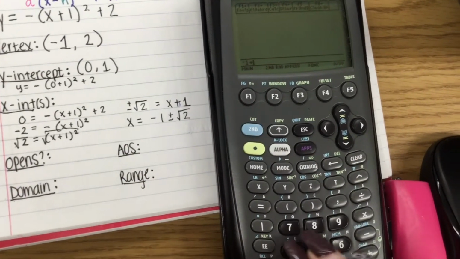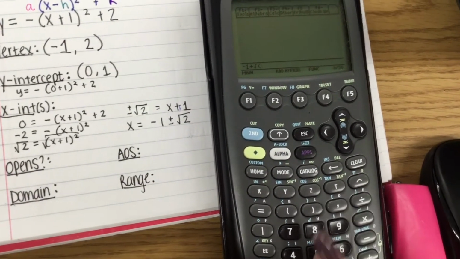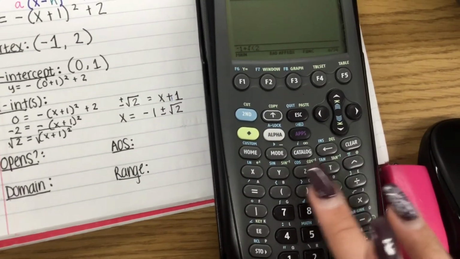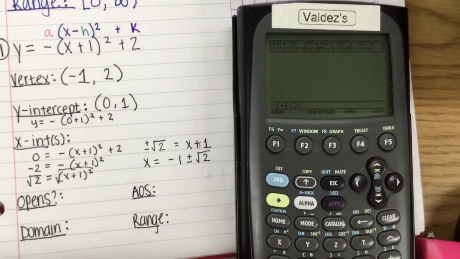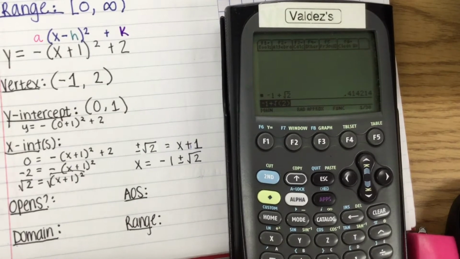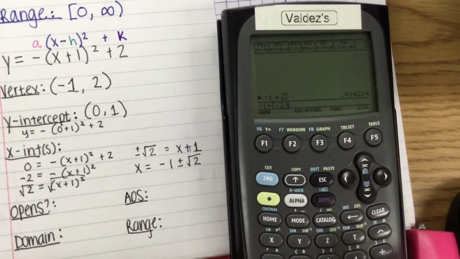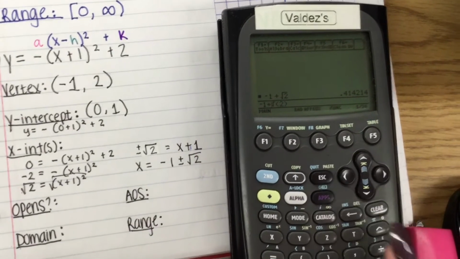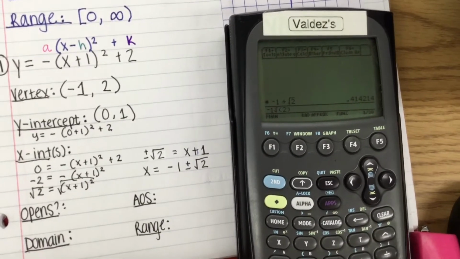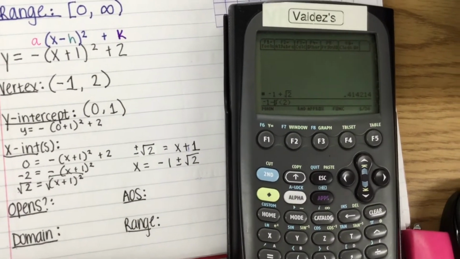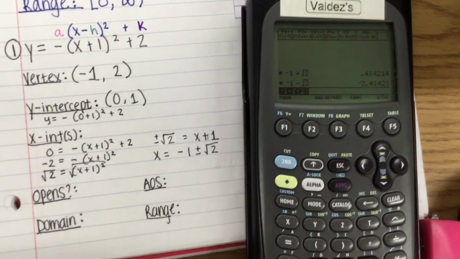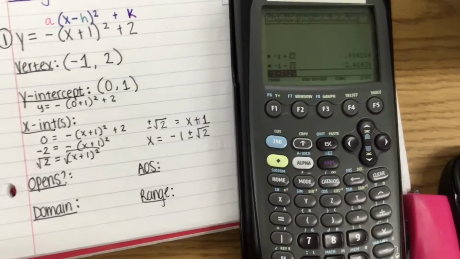So I'm going to type -1 plus the square root of 2 into my calculator. Every calculator is different, so yours might not look like mine. You're going to have to learn your own calculator and see how to type this in. Look it up on Google, YouTube, how to use your specific type of calculator. So now I'm going to plug in -1 minus the square root of 2, and that gives me 2 irrational decimals.